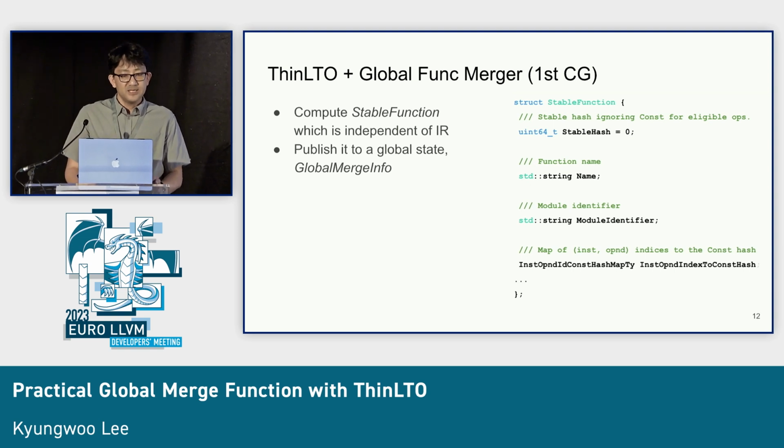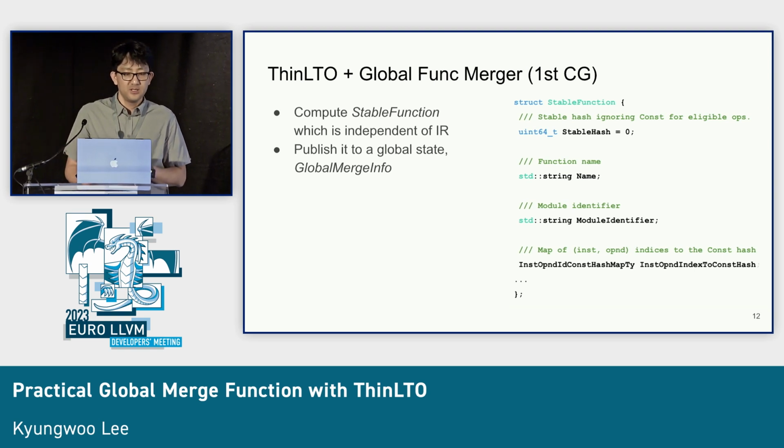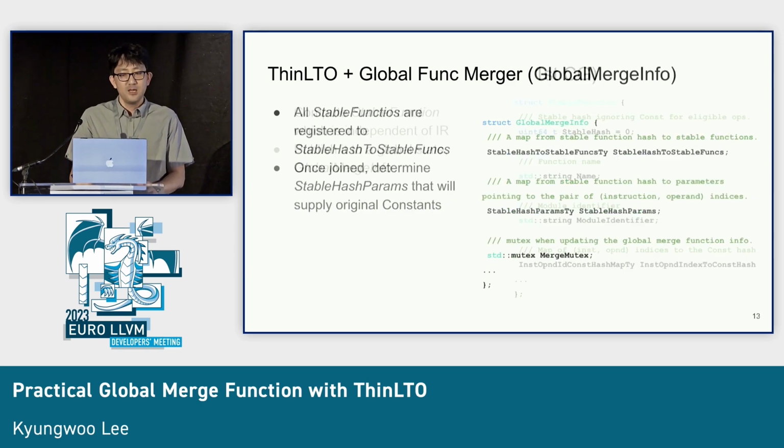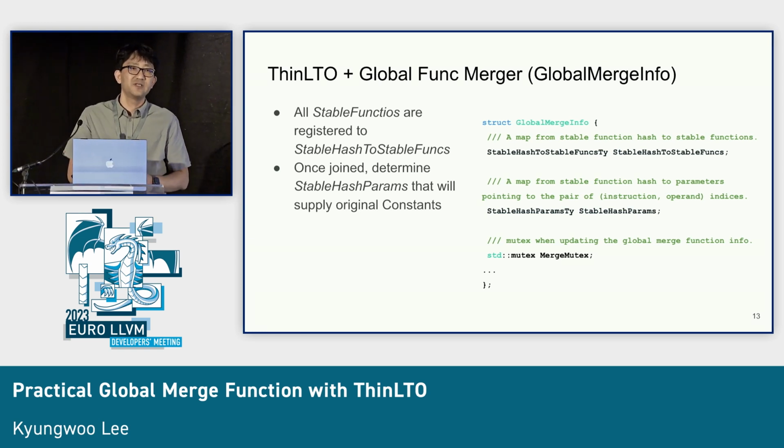The second part is that we need to keep track of the locations of the constants that we ignore. So we build these two pieces of information and then publish them into the global state, the global merge info. The global merge info is a map that groups all the stable functions that share the same stable hash key.